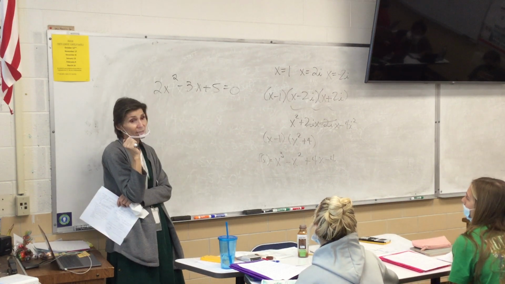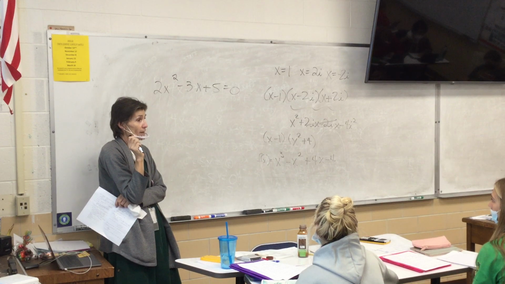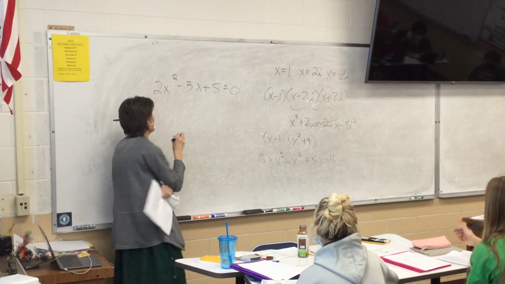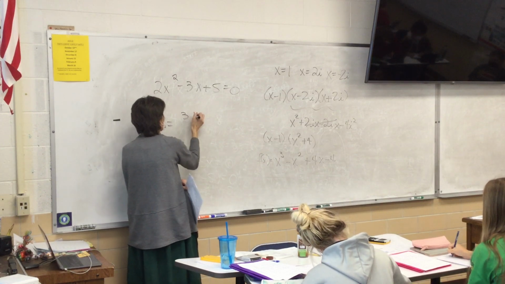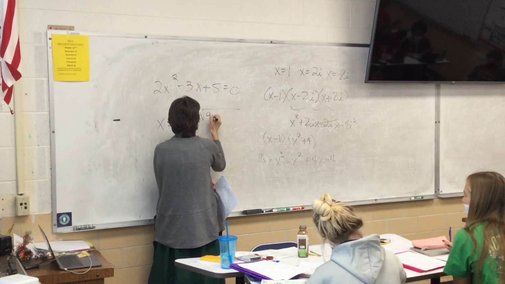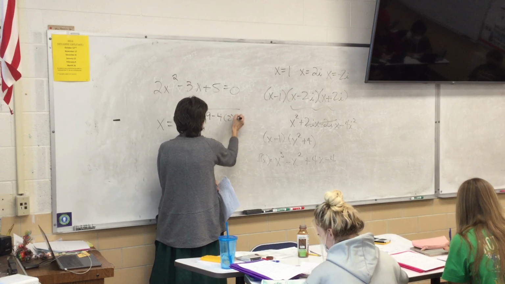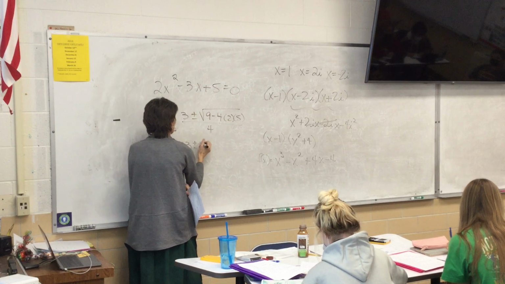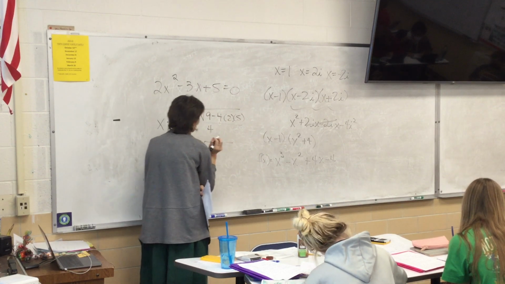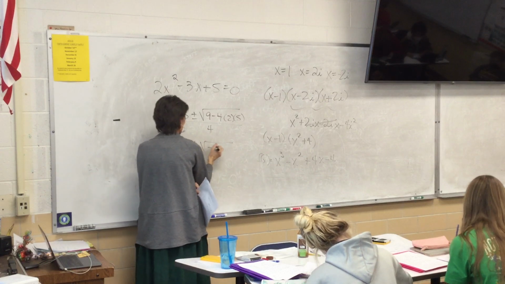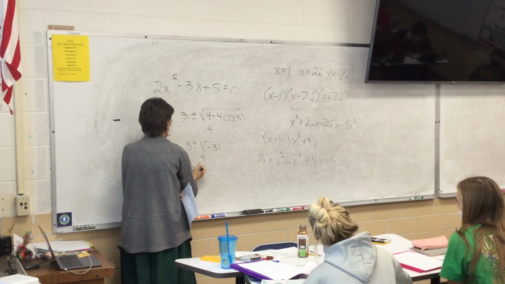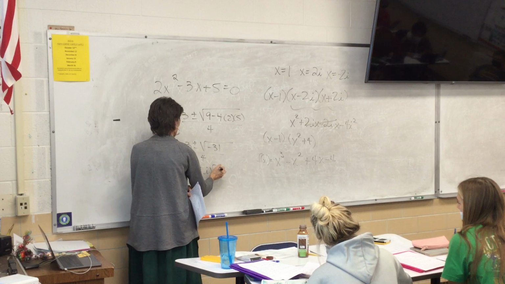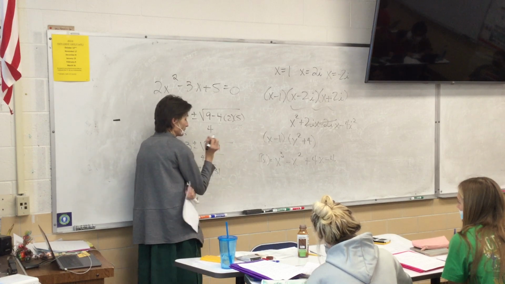I don't think this one factors. So then we'll have to use the formula probably. So negative b plus or minus the square root of b squared minus 4ac all over 2a. Negative 31. So 3 plus or minus i root 31 over 4.